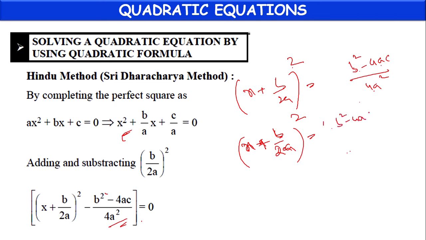b square minus 4ac by 4a square, what we can do is keep it under root, we can keep plus or minus, and we can keep the whole square. Because plus whole square will become plus, and minus whole square also will become plus.